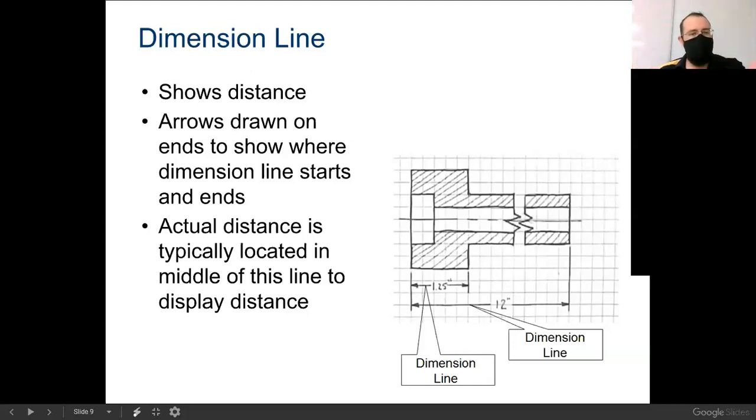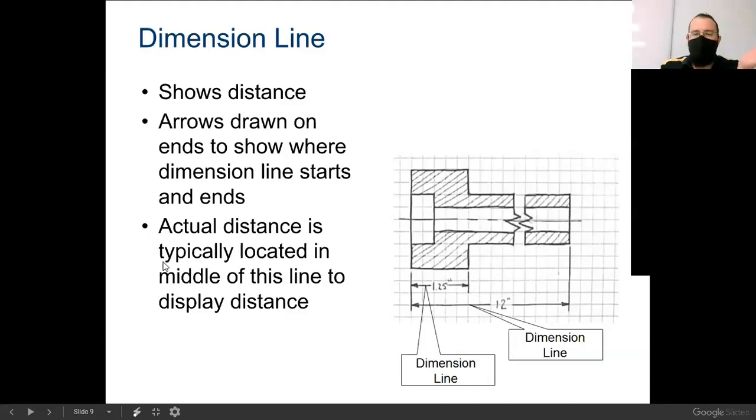So the function of the dimension line is obviously to show the distance. And what makes it a dimension line is that it has the two arrows with the dimension, or the number, in between. It's typically located in the middle.